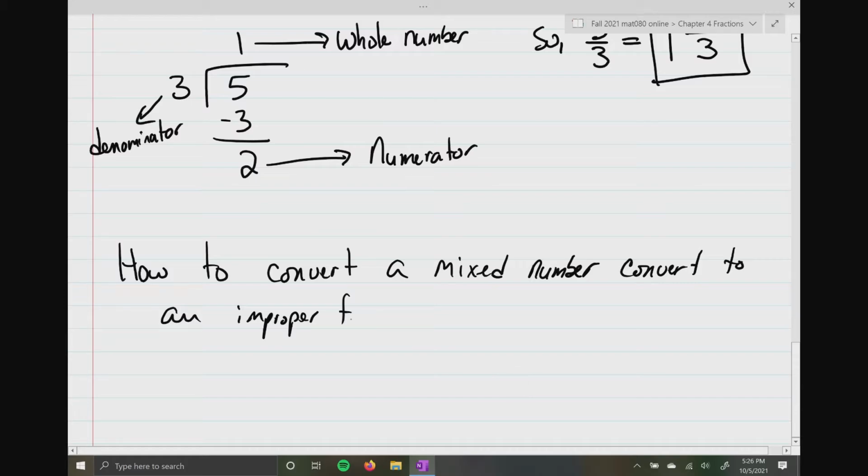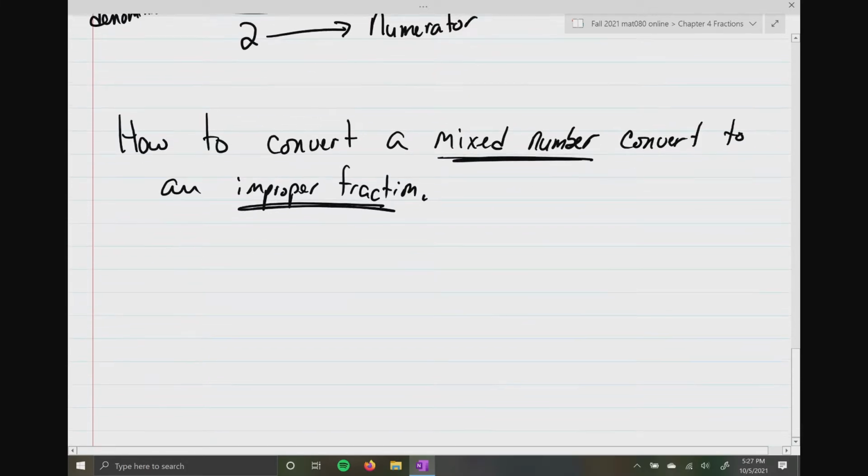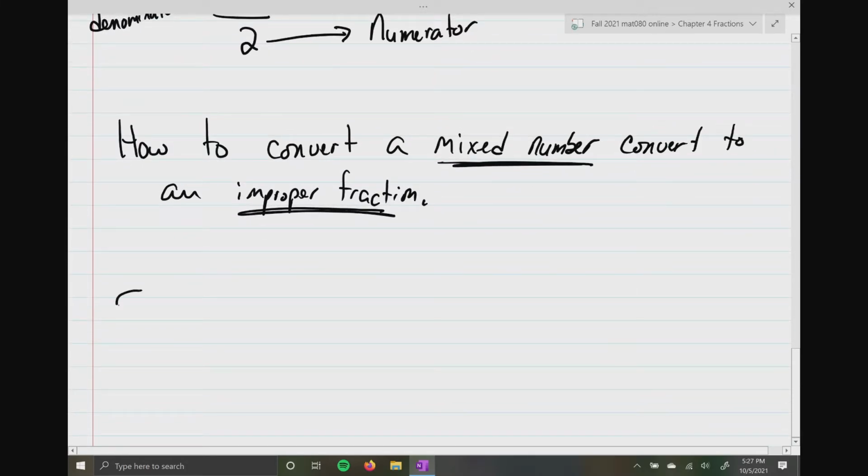Now, what's really going to help us out here is a little formula. So, remember, we're going from a mixed number to an improper fraction. So, here's my mixed number. We're going to do 5 and 2/7, all right?